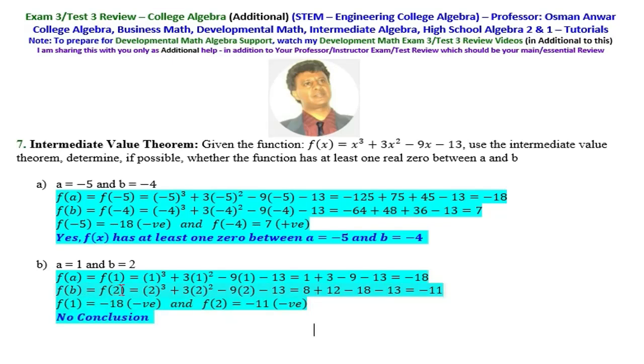And f of b is f of 2, which is 2 cubed plus 3 times 2 squared minus 9 times 2 minus 13, which is 8 plus 12 minus 18 minus 13, equal to minus 11. F of 1 is minus 18, which is negative. F of 2 is minus 11, which is negative. That means no conclusion.